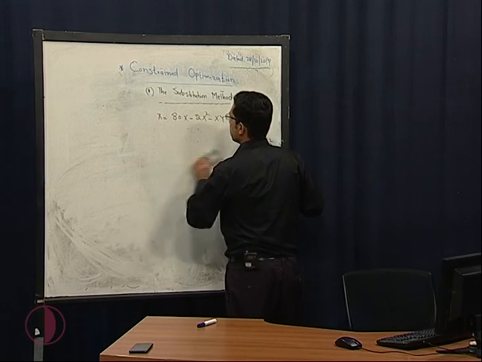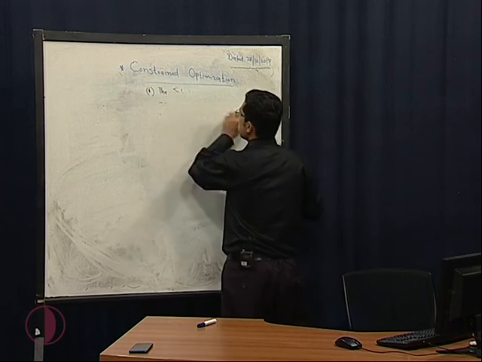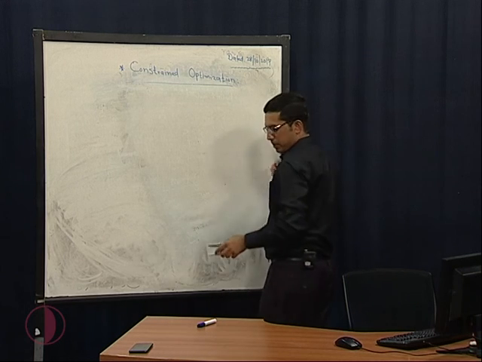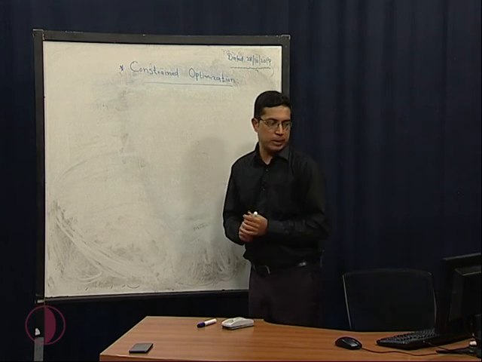Let me solve the constraint optimization problem with the help of the Lagrangian multiplier method.